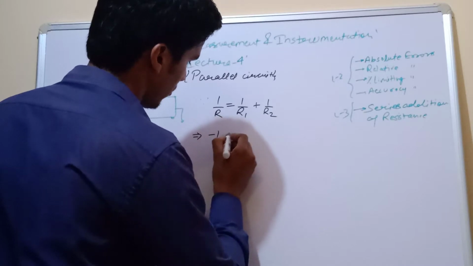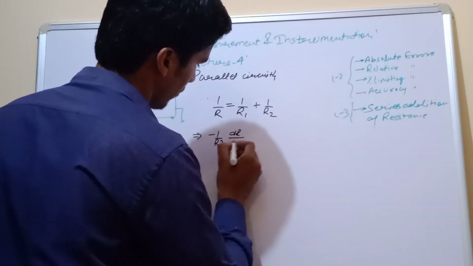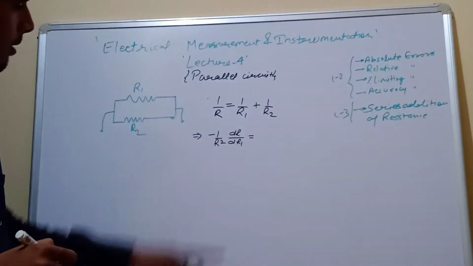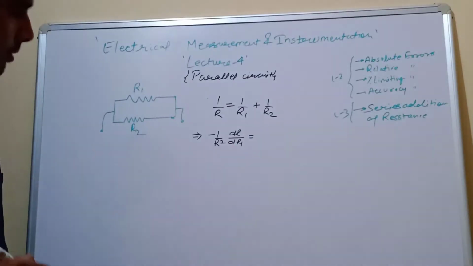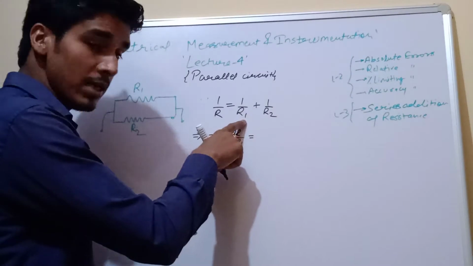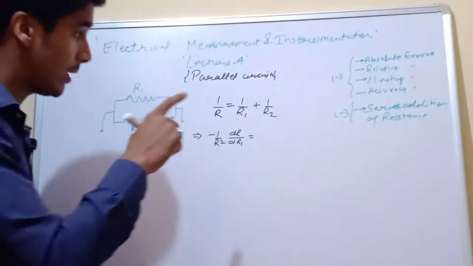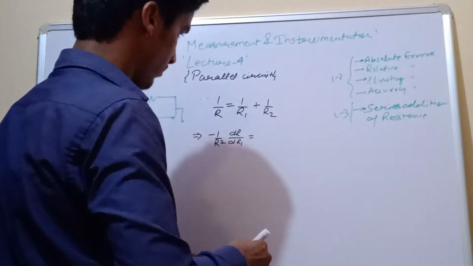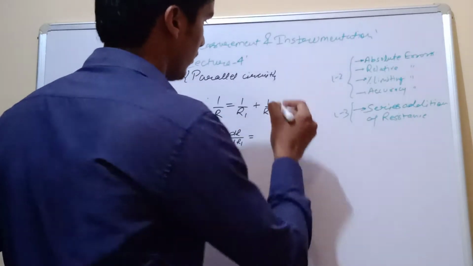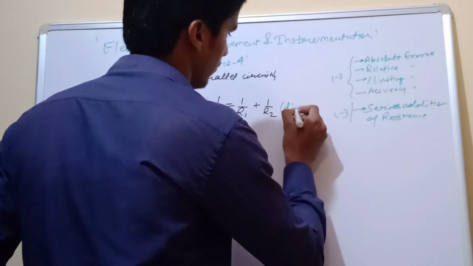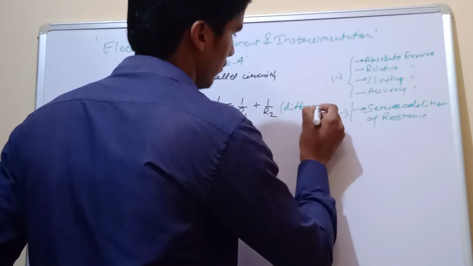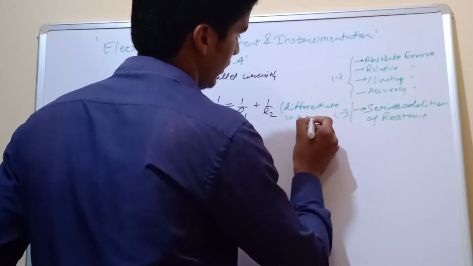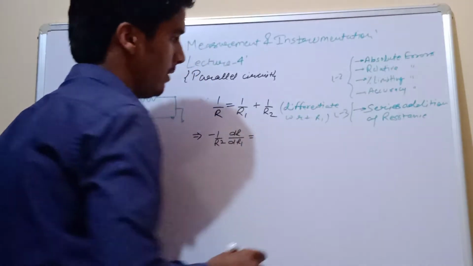Minus 1 upon R square dR upon dR1 is equal to minus 1 upon R1 square, again minus 1 upon R2 square dR2 upon dR1. Here we are differentiating with respect to R1.